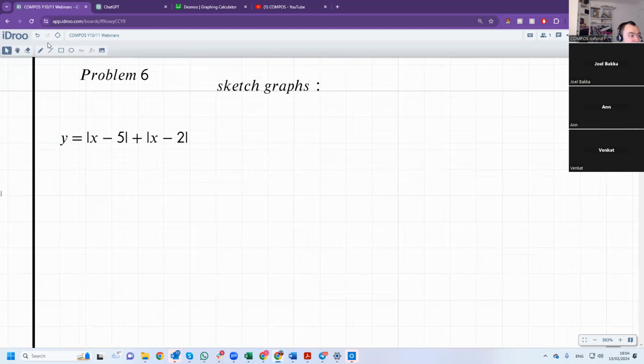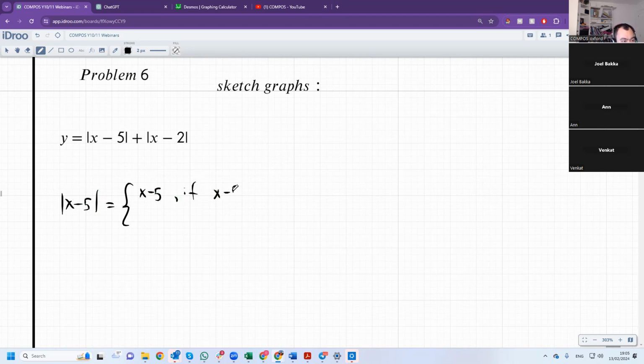It's modulus x minus 5 plus modulus x minus 2. Well, we know that modulus x minus 5 is equal to x minus 5 if x minus 5 is greater or equal to 0, because that's the definition of the modulus. That means if it's a positive number, you just don't touch it.